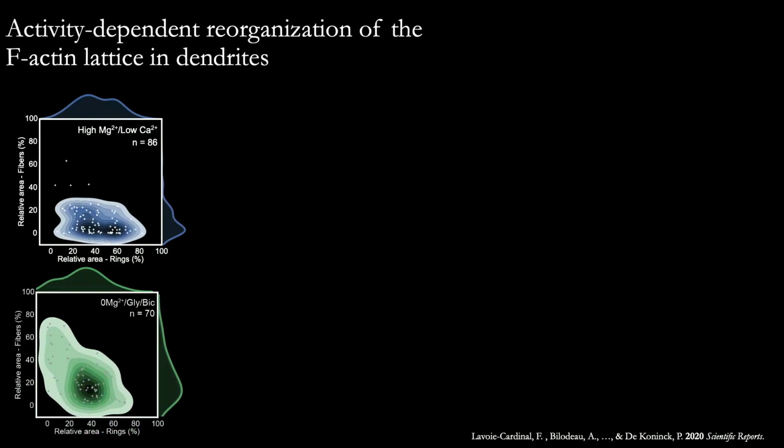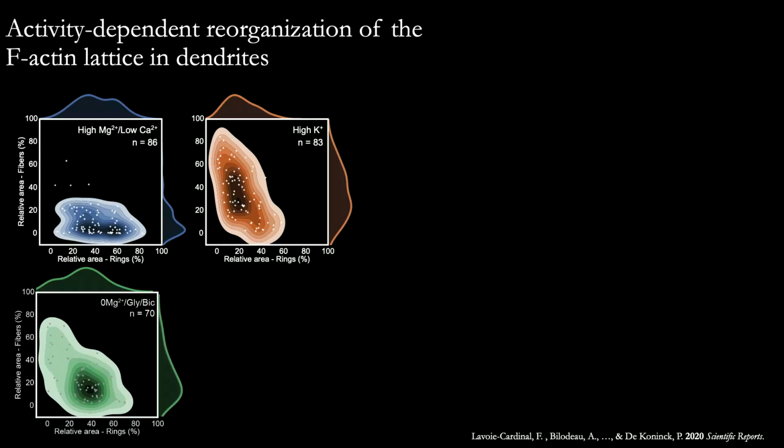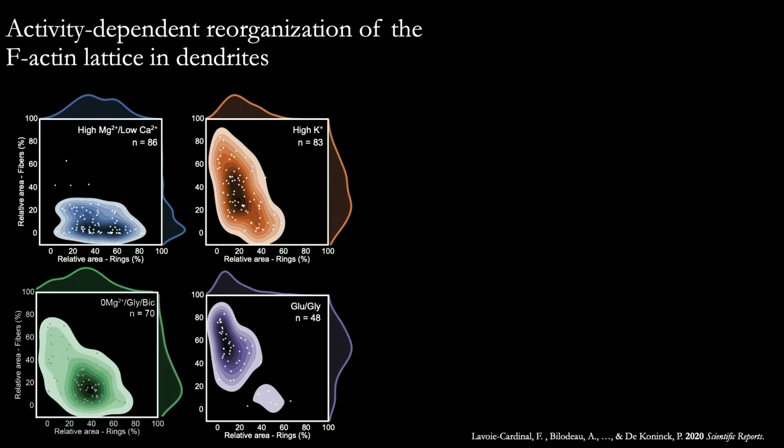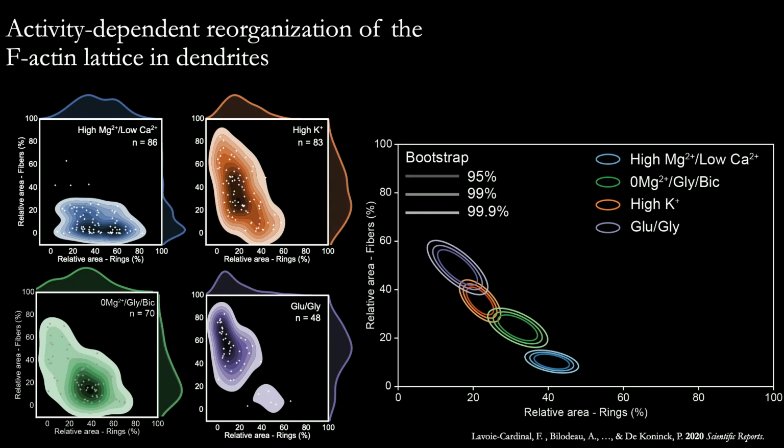If we stimulate the neuron with a LTP, long-term potentiation-like stimulation, we see that we have a shift to actin fibers, which is more important with a stronger stimulation of high potassium, and finally a very strong stimulation of glutamate glycine, which we can also use for long-term depression, completely changes the F-actin rings into F-actin fibers. So we can see that with increasing neuronal activity, we have an increase in the prevalence of F-actin fibers and a reduction of the F-actin rings.